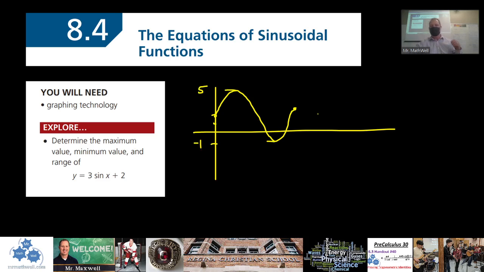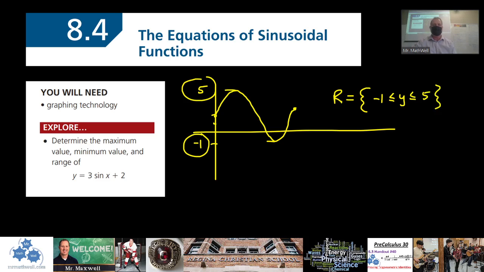So right now we could state the range. We've got the maximum value, the minimum value, and the range here is, what is it? Well, from -1 less than or equal to y, less than or equal to +5. That's the range. And just for kicks, we could find the midline, which is halfway between 5 and -1, right?